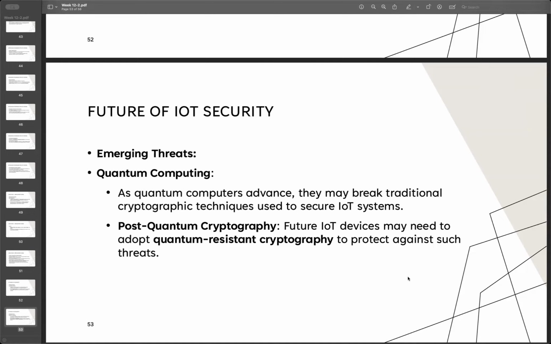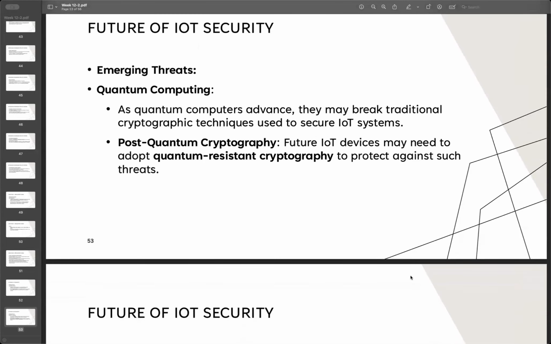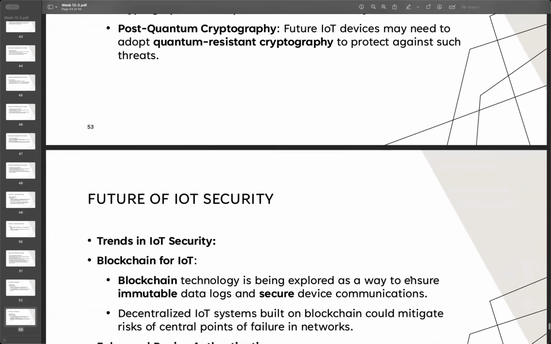Later we have post-quantum cryptography, so in the future we may use quantum-resistant cryptography to protect against such threats. So it's kind of two-sided: we need to learn how to use these technologies, and how to prevent them from being used for attacks.